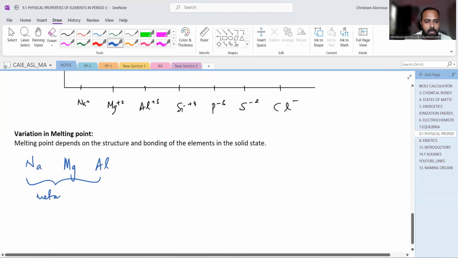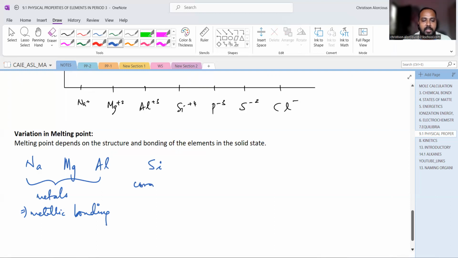They're metals, and they show metallic bonding. Silicon is covalent, it's a non-metal, but it's got a structure similar to diamond. So it's a covalently bonded macromolecule, similar to diamond.